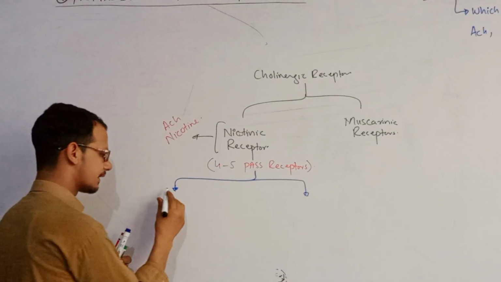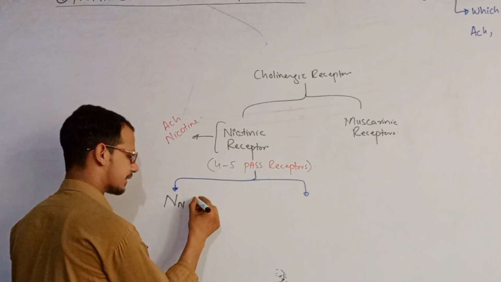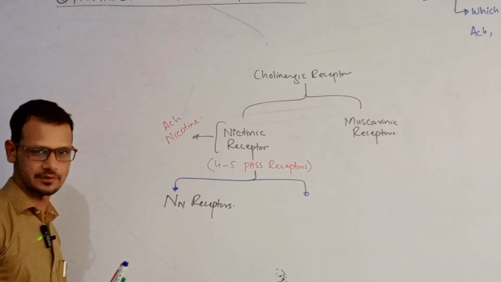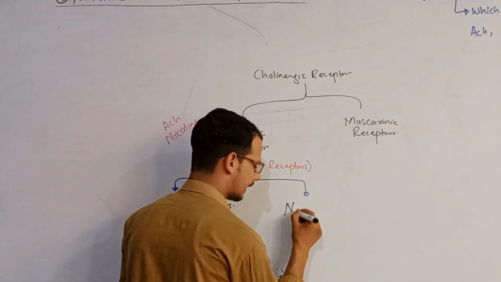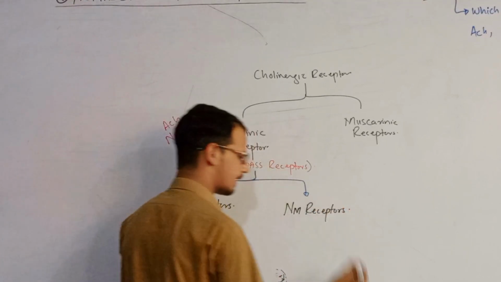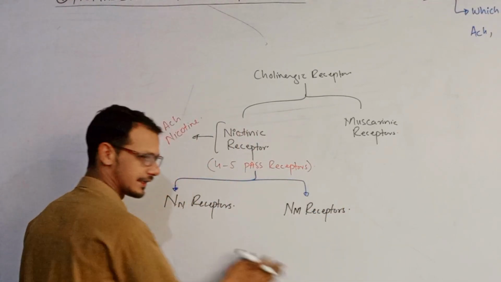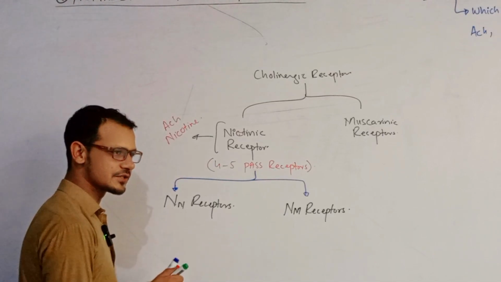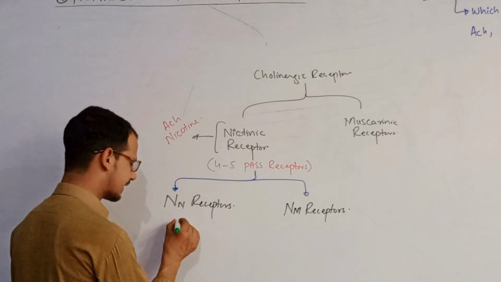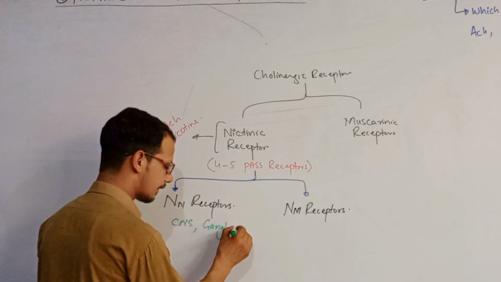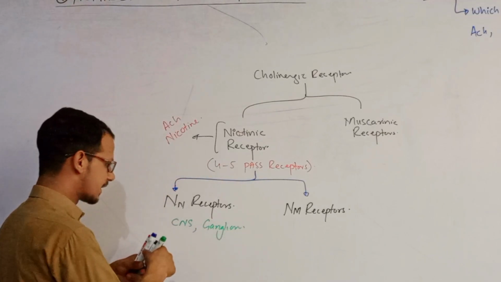One is called N receptors and one is called M receptors. N receptors are present in the central nervous system and in ganglia. They are present in CNS and ganglia.